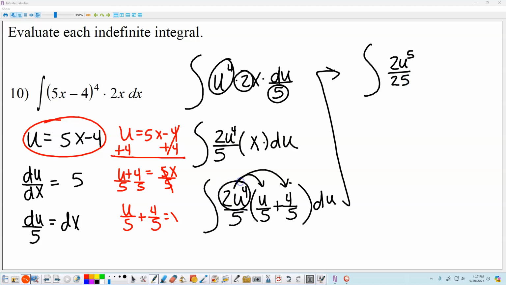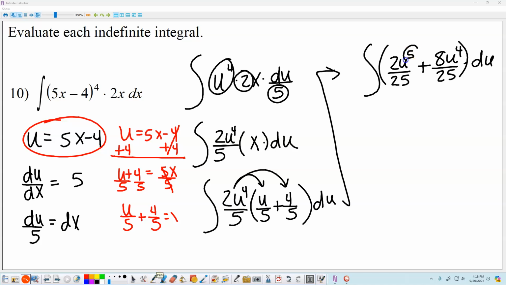Now when I multiply these two things together, I get 8u to the fourth. And once again, if I multiply these two things together here, I get 25. And we still have our du over here. Okay, now we're ready to start integrating.